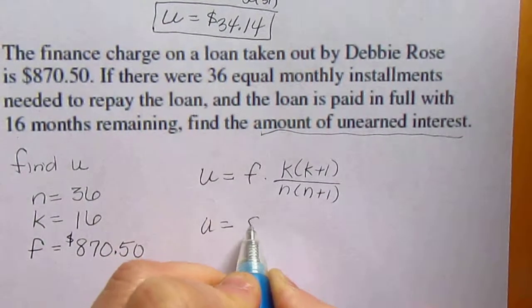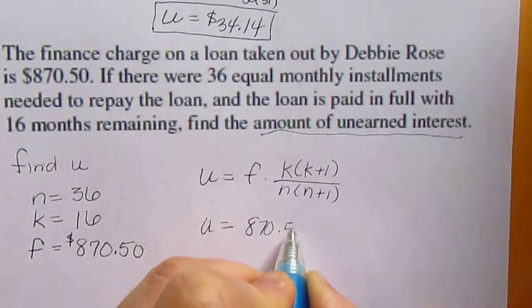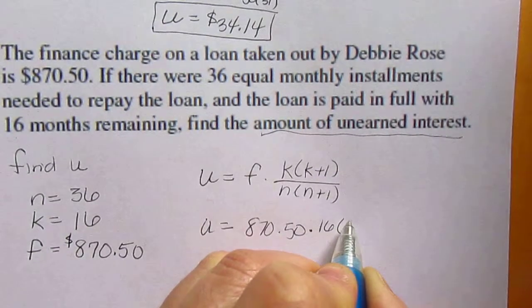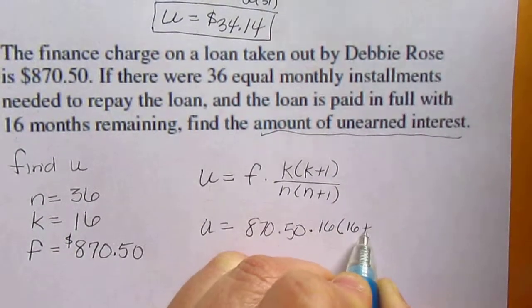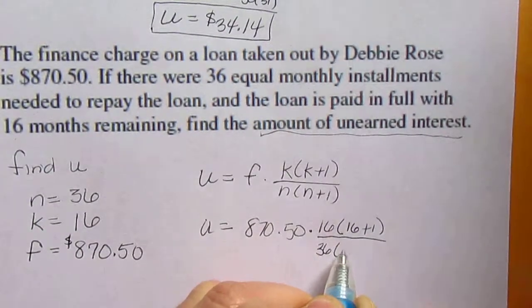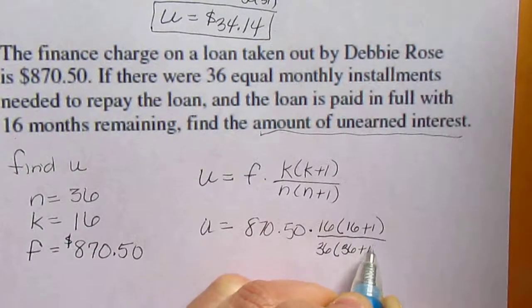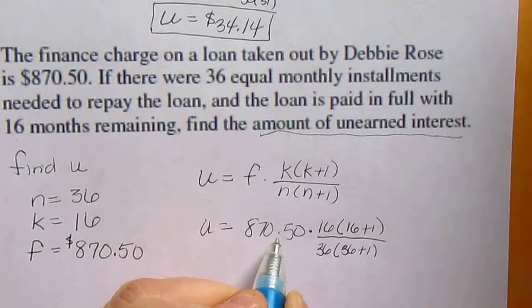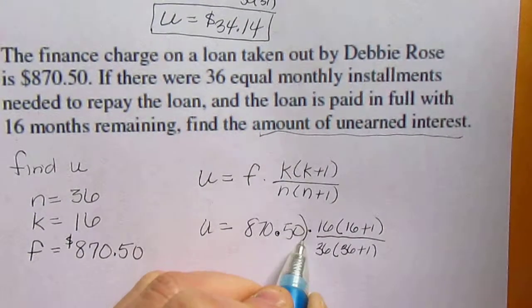So 870.50 times K, here's 16. 16 plus 1, it's actually 17, we'll get to that in a minute. 36 scheduled payments, and 36 plus 1. When you simplify this, you do have to simplify what's inside parentheses. So actually, this is a decimal.